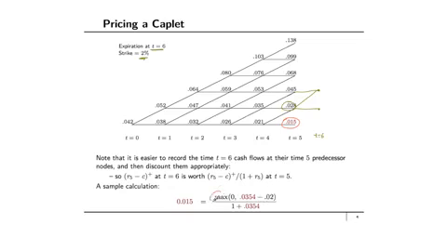So this is the payoff of the caplet, which is determined at this node. However, it is not paid until time T equals 6, and so that is why we must discount it by 1 plus 3.54% to reflect the fact that the payment is made in arrears. So we do that for all of the nodes at time T equals 5. These are all the payments of the caplet discounted by one period. Once we do that, we can work backwards in the lattice using our usual risk-neutral pricing.